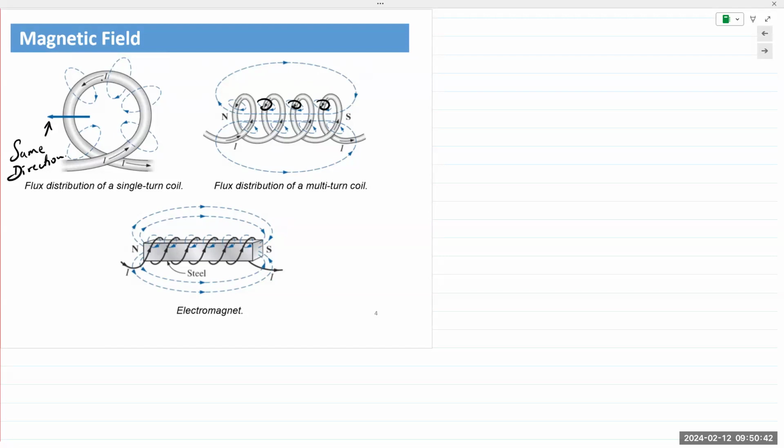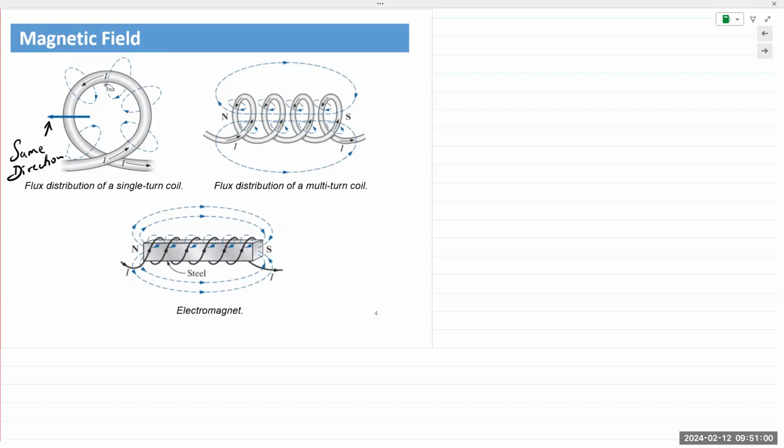It kind of represents the magnetic field found in a permanent magnet. A permanent magnet has an inherent property of having a strong magnetic field without any external input.